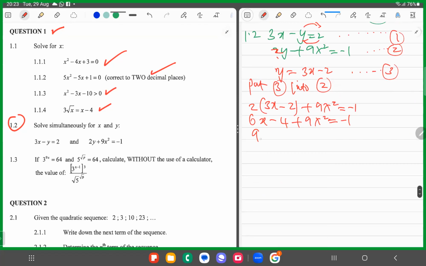Well, this is exactly 9x squared plus 6x minus 3 equals 0. Divide through by 3, and then you get 3x squared plus 2x minus 1. Right, so this is what we get.